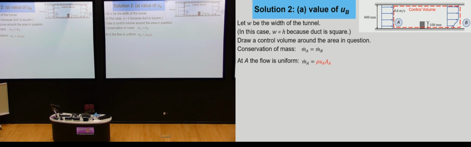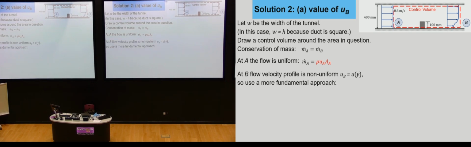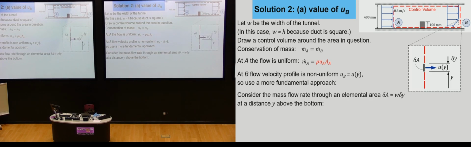So I'm going to use the same technique that I've been using all the way through the lectures, and consider initially a tiny element of that exit, a tiny elemental area, delta A. I'm going to find out what happens in a tiny element first, and then sum up all the contributions for all the tiny elements over the exit.